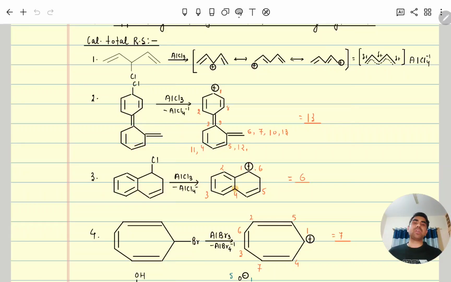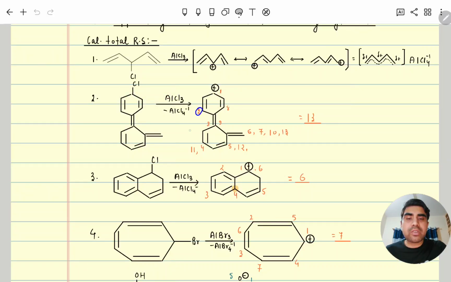Now, one way is that you can draw all resonating structures of that compound. Another is the way I am guiding you, so listen carefully. Already in class I discussed, and like that you can calculate all resonating structures without drawing. So here you can see 1, this is the first resonating structure. Then the positive charge will go from here: positive, single, double, meaning a double bond will come here and the positive charge will come here.